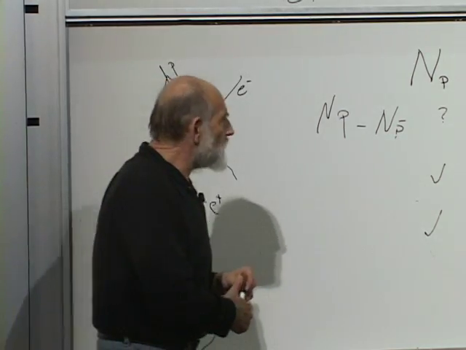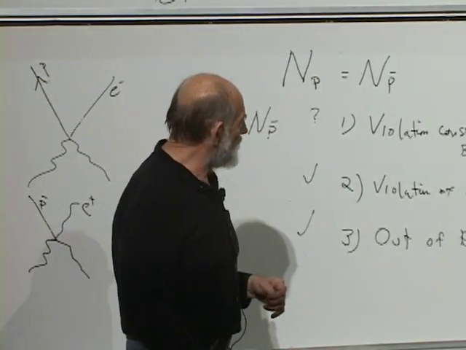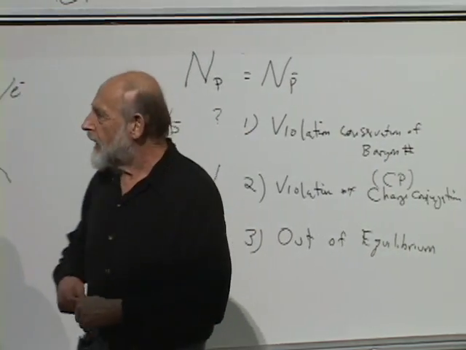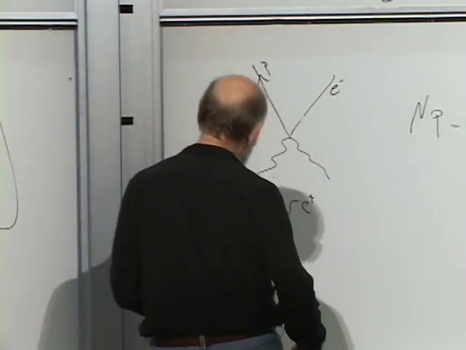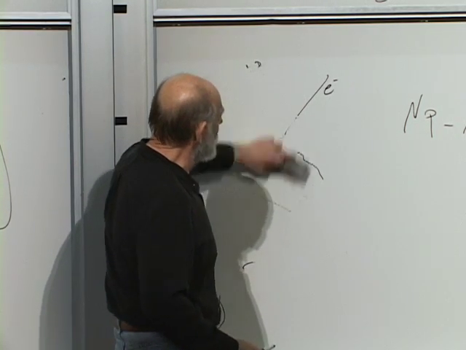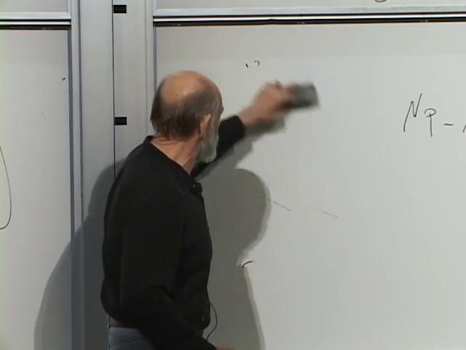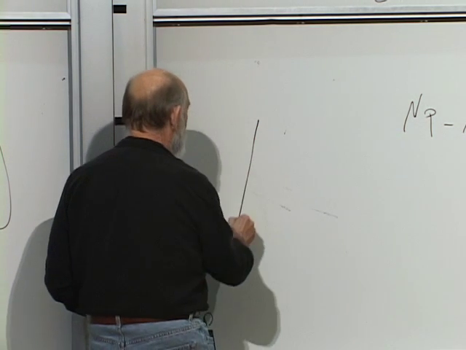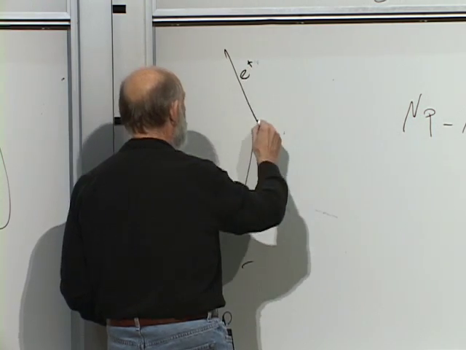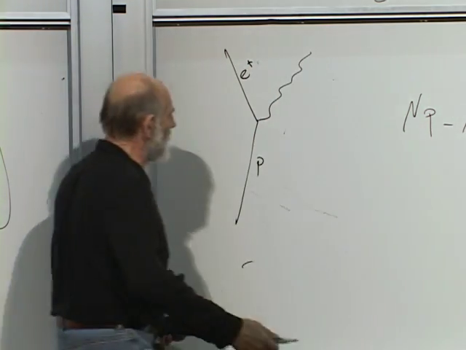So, if it's true that there are reactions in nature which violate this baryon number, but only significantly with a high probability when the temperature is very high, here would be a process, for example, a proton becoming a positron and a photon. That's perfectly good.